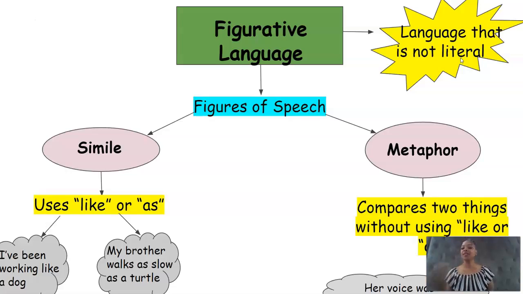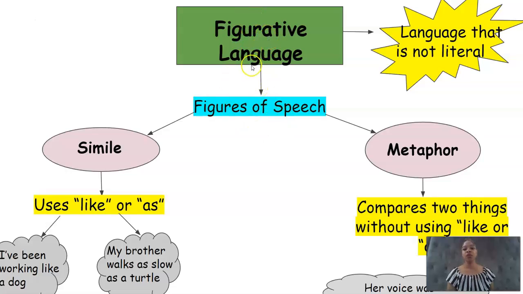So just remember, it's not literal language. So anytime you're reading and you see something like that, or someone says something like that, they're not meaning it literally. They're just explaining something to help you understand it a little better.